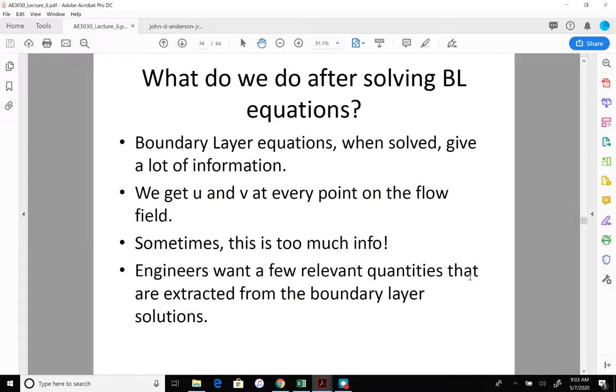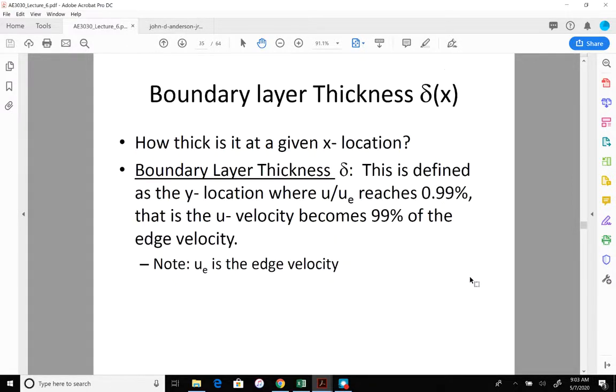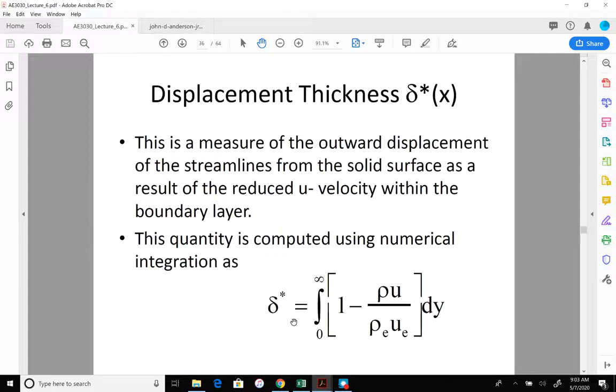We said the most important quantities for engineers are how thick is the boundary layer. Whenever the velocity reaches 99% of the freestream, it's not 0.99%, it's 0.99, then we have reached the edge of the boundary layer. Displacement thickness is a measure of the mass flow loss.